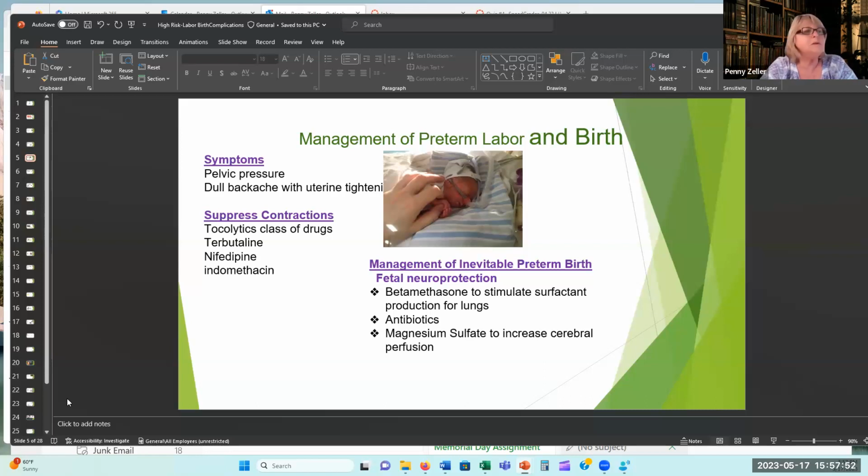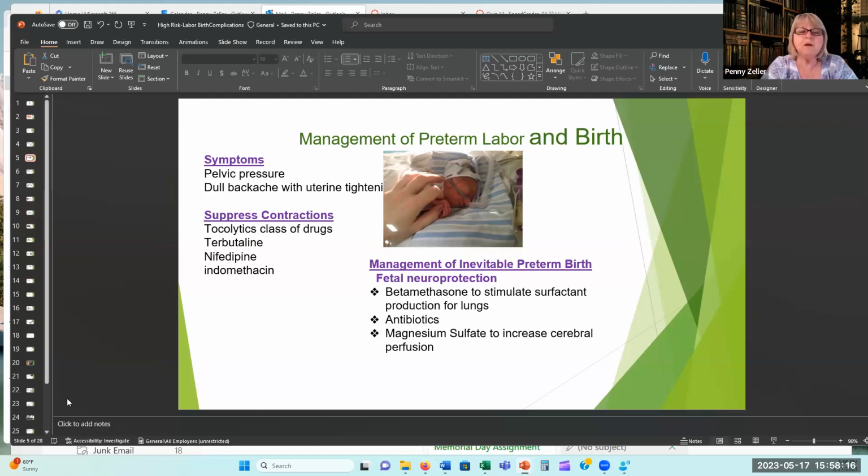And then why are we giving magnesium sulfate? To prevent seizures. It prevents issues, yeah. So we're giving it to protect the cerebral arteries of the fetus. Okay. When we have preeclampsia, we give this as well, right? For mother's brain.